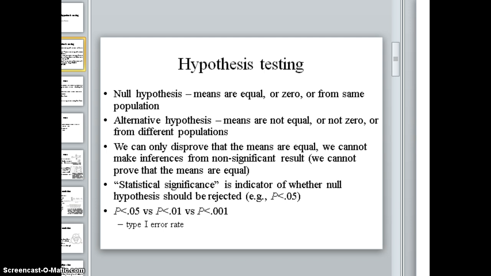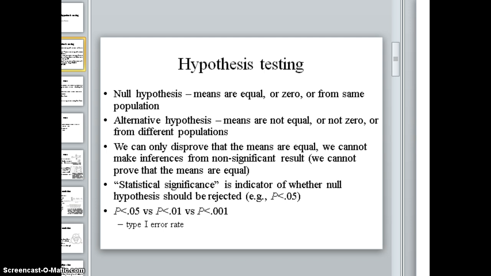However, this is an important point. When a test statistic is not significant, we haven't proved the null hypothesis. We haven't proved that the scores did in fact come from the same population, at least with the statistics that we're going to cover. So we can reject the null, but we can't prove the null.